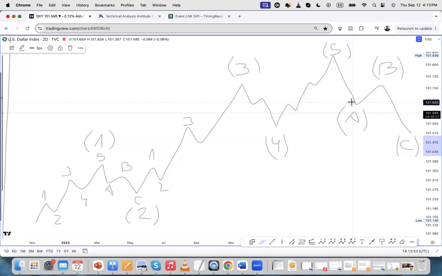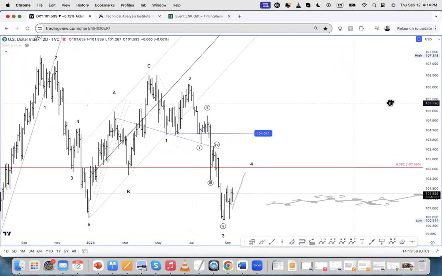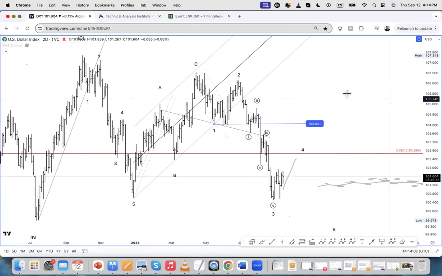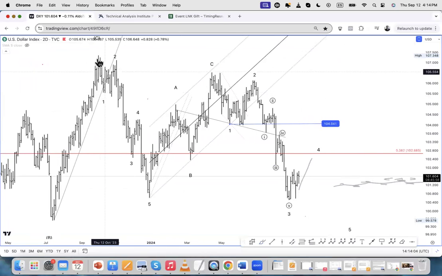And I'm going to show you how, okay? Precisely on this chart. Here we have a move to the downside, down, up, down, up, down. So we label it as 1, 2, 3, 4, and 5.